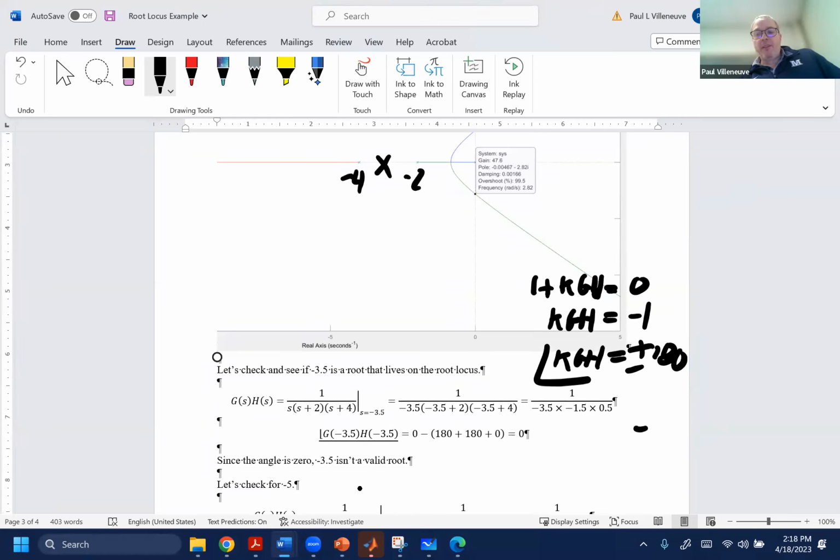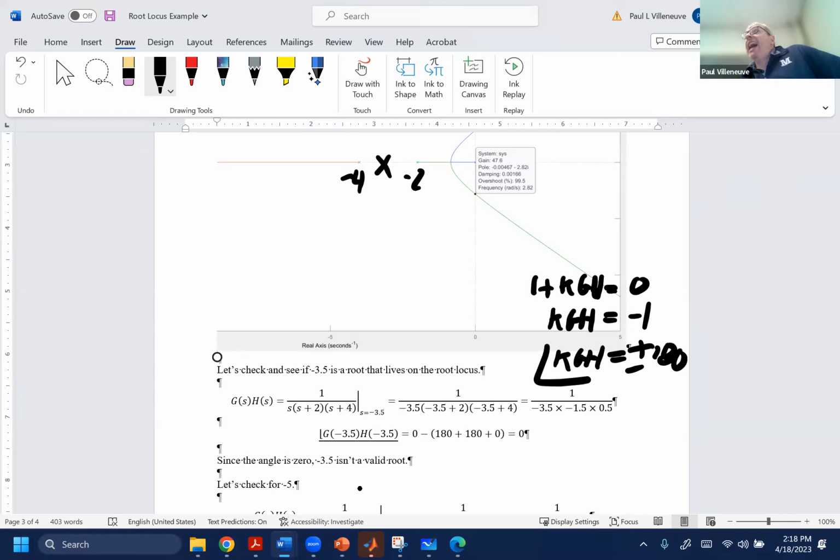Let me erase this out of the way. So here's our original equation. We plugged in -3.5, and we end up with this. Now we have our angle at -3.5. This is an angle of 0. Minus 3.5, hopefully you can see that's plus or minus 180. Another plus or minus 180. This is a positive number, so it's 0.